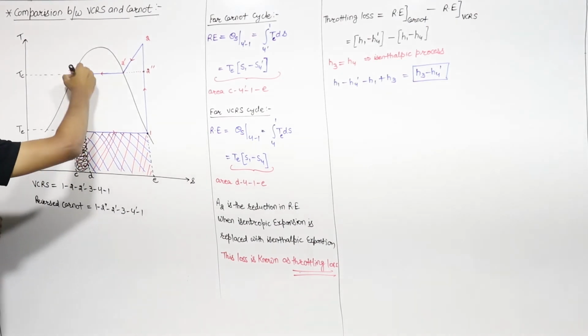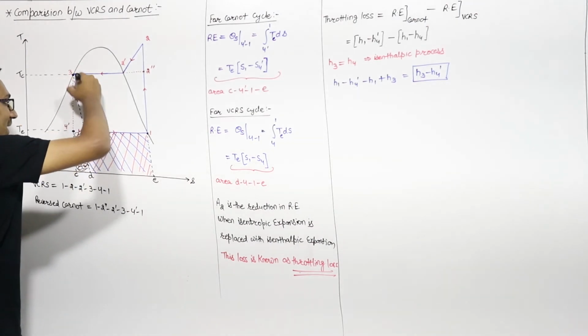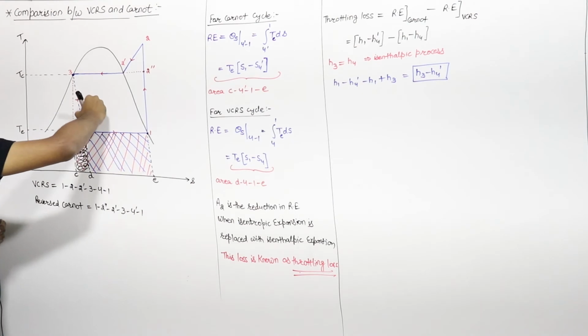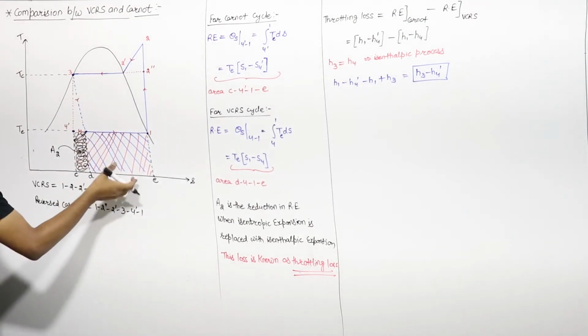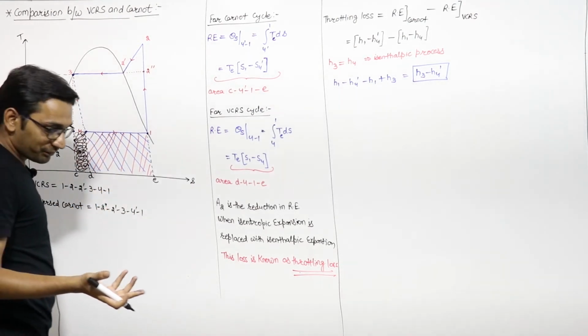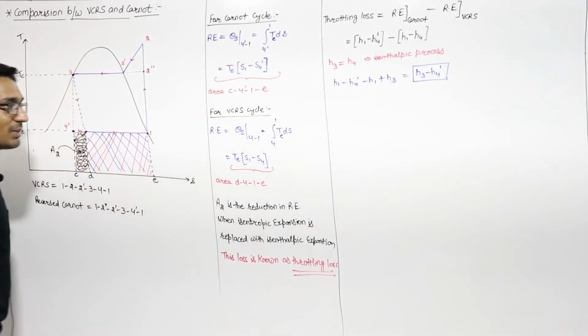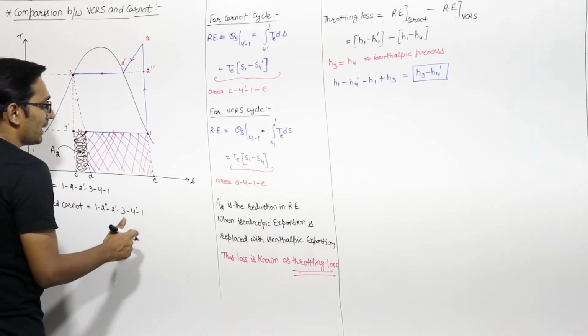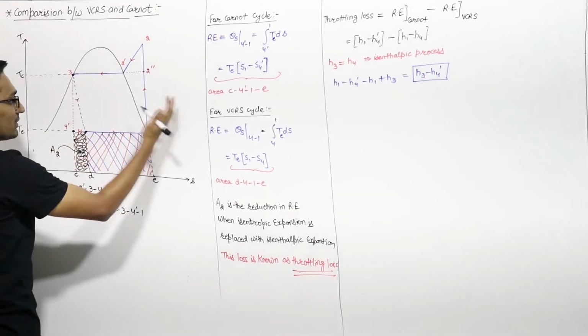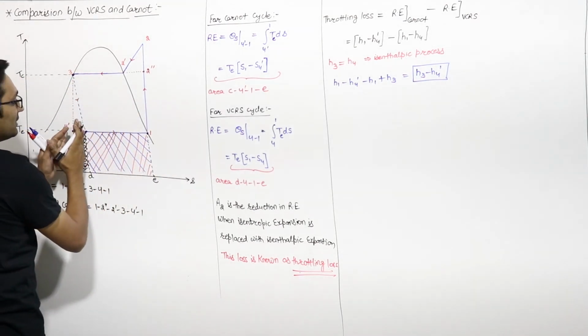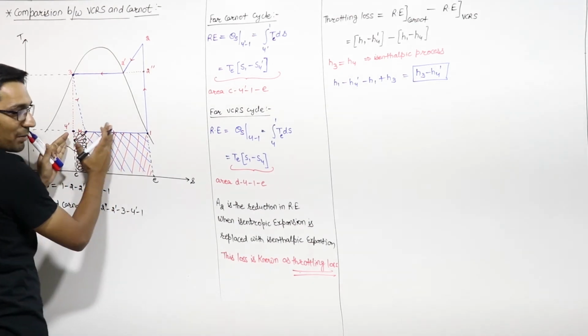Why will this throttling process go towards the right side? Because it is an irreversible process, and for an irreversible process entropy generation must be positive, so the line tends towards the right. So this gap will increase.